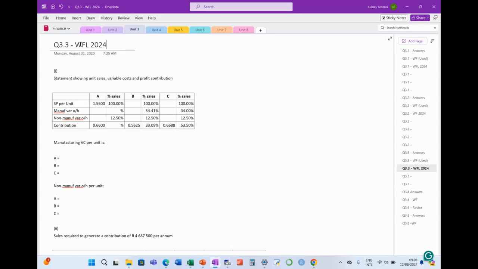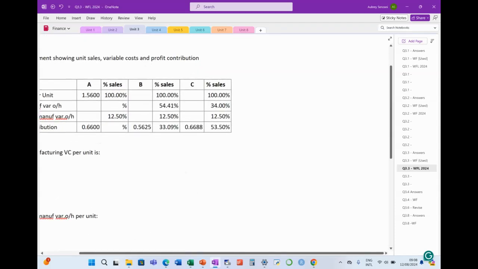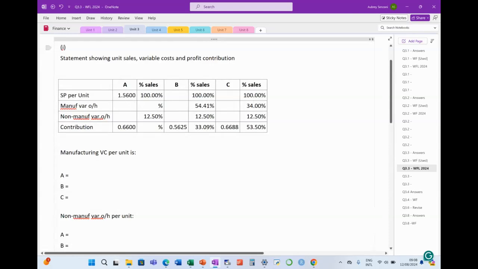And there we then draft our, or put together our table. All right, so we can zoom in there. And obviously to get your selling price per unit, we simply say what? How do we get our selling price per unit?